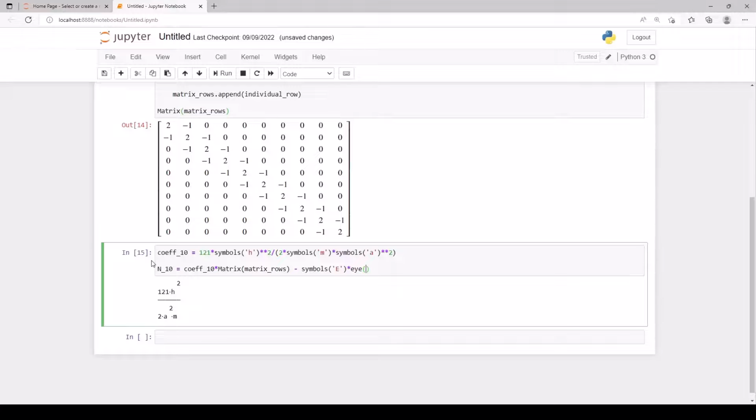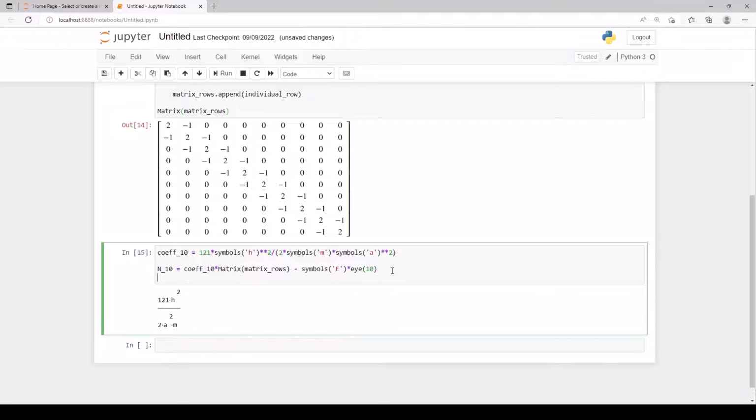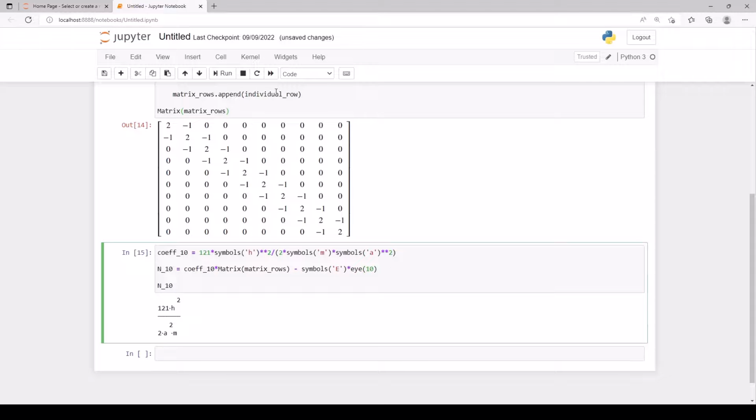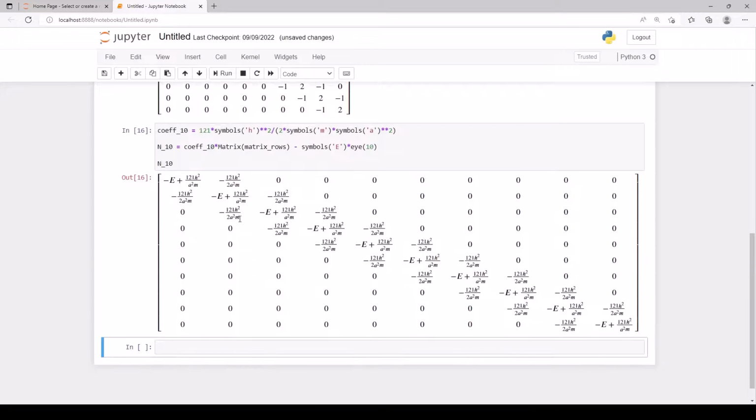In this case, it's a 10 by 10, so the command is I10. This command gives you an identity matrix that is 10 by 10. So now, if I print this out, this should give me this matrix.